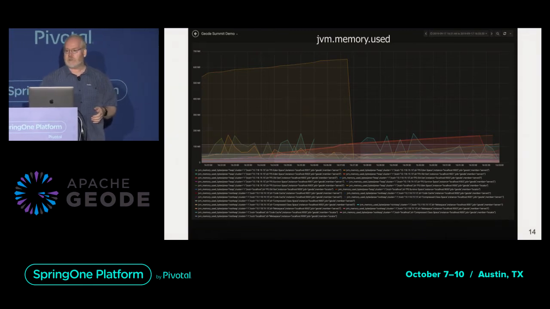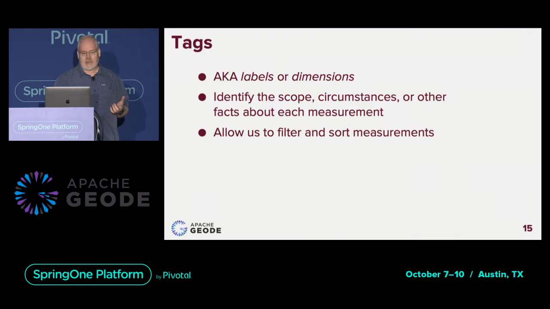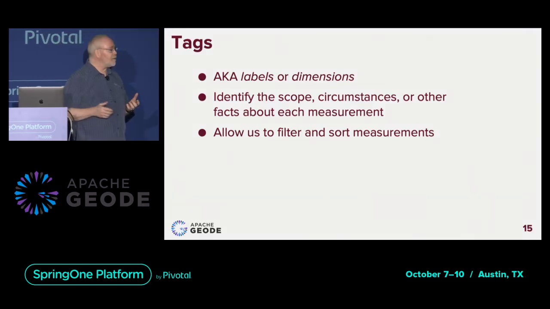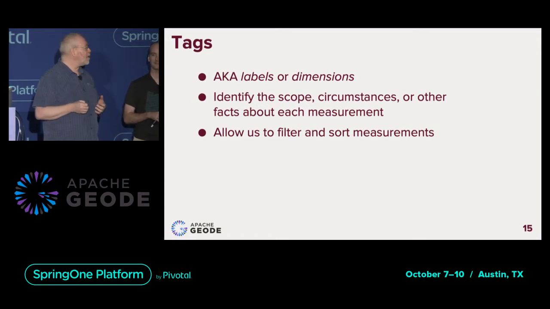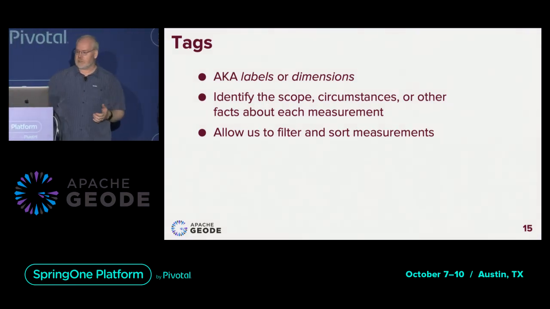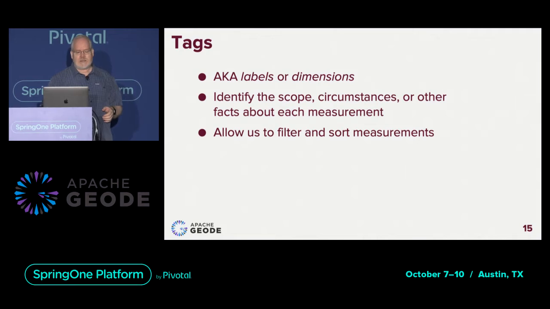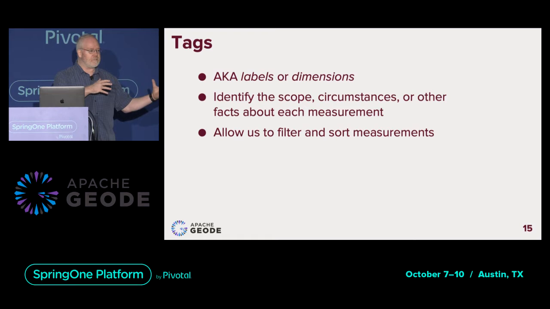To answer that question, we have to understand another key idea in Micrometer: tags. Your monitoring system might call these dimensions, might call them labels. There are a number of other terms that people might use. A tag gives additional information beyond what kind of quantity is being measured. It gives additional information about exactly what's being measured, the scope of a measurement. Where was this memory measured?